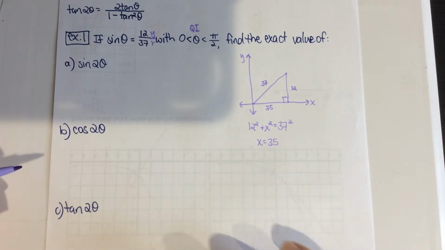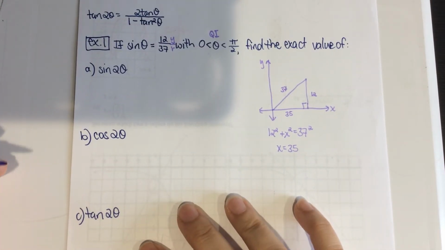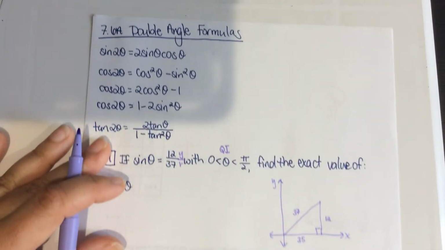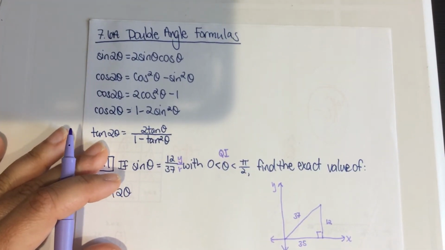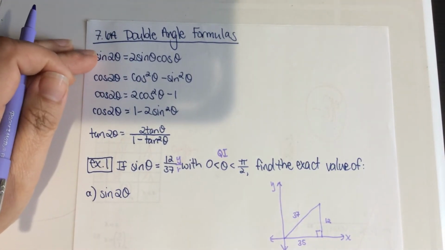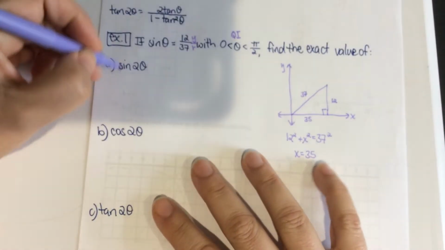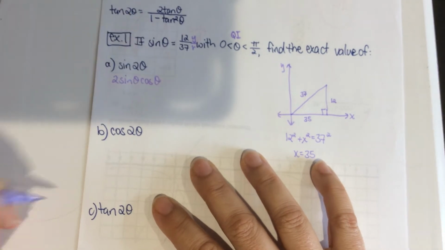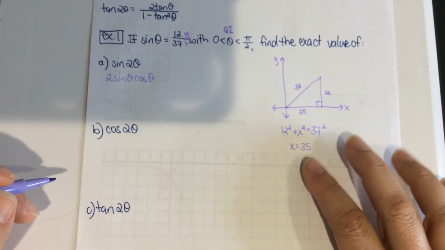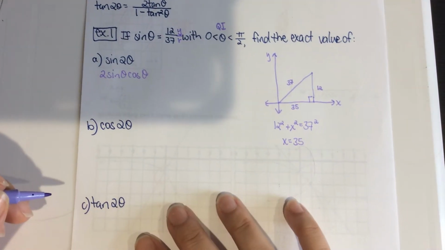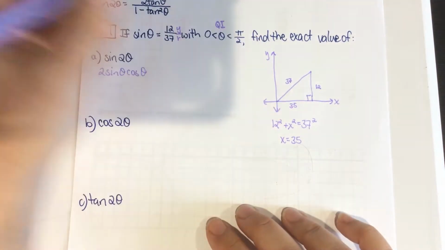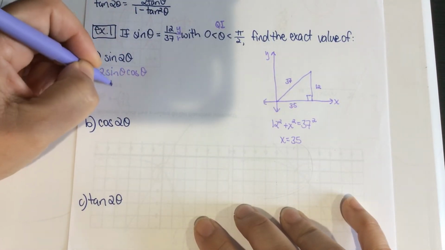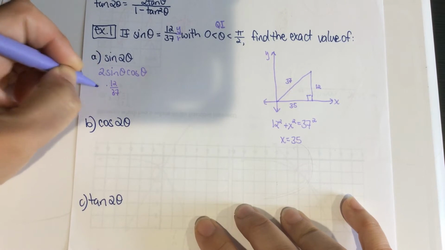Okay, and then from here, it's pretty straightforward. We just need to refer back to these because I don't expect you to have them instantly memorized. Sine of 2 theta is equal to 2 sine theta cosine theta. And by the way, if you needed a calculator for that, that's totally fine. And then sine we already got. We know sine is 12 over 37.